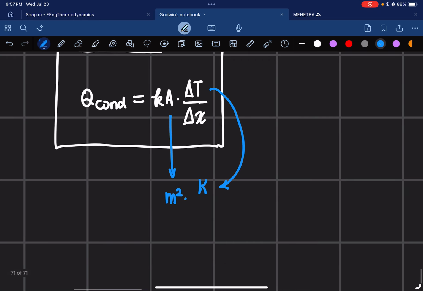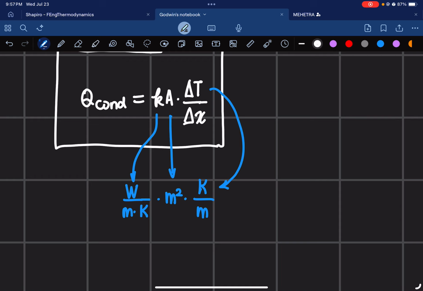And then, anong thickness will be in meter. And then, itong ating thermal conductivity will be in watt per meter, either Kelvin or degrees Celsius. Right? For only this purpose, only for heat transfer purposes, anything to do with a temperature difference, magiging interchangeable ang ating Kelvin and degrees Celsius.